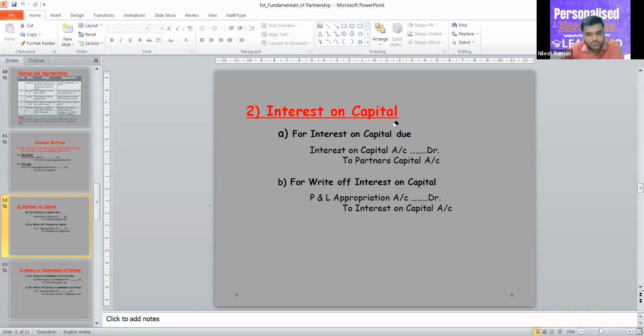So all the expenses or income is written off in current year. It is not carried forward. In this portion, the interest on capital is an expense for the business, so we have to write it off in current year.